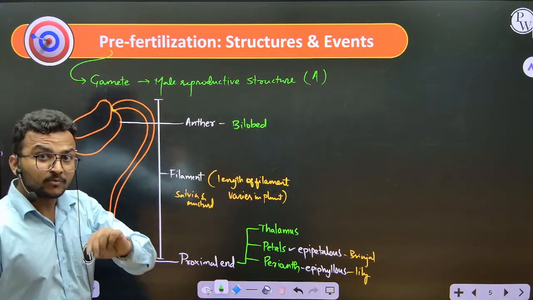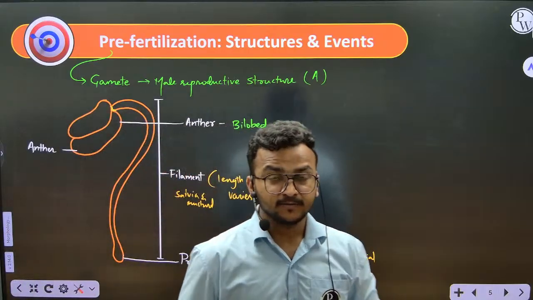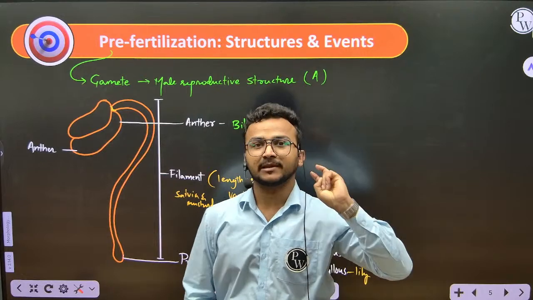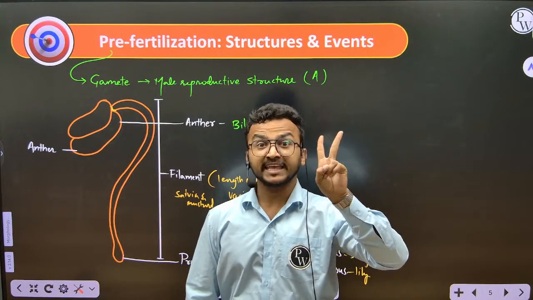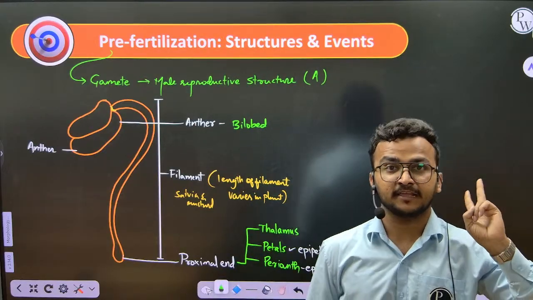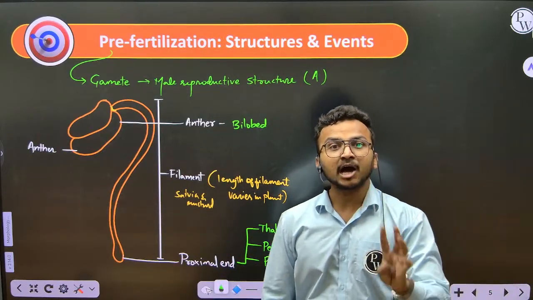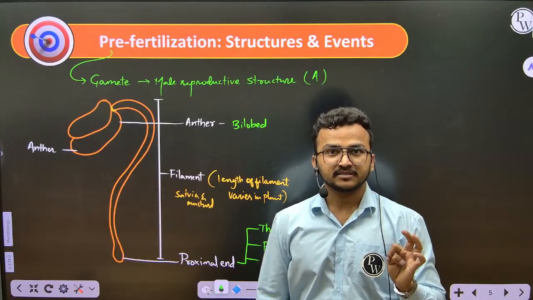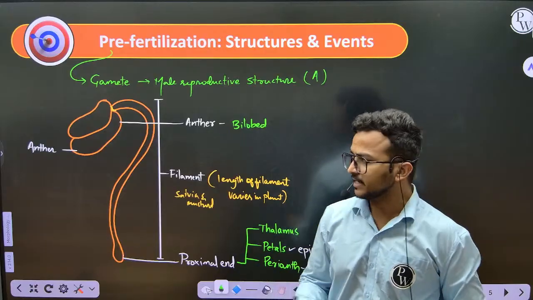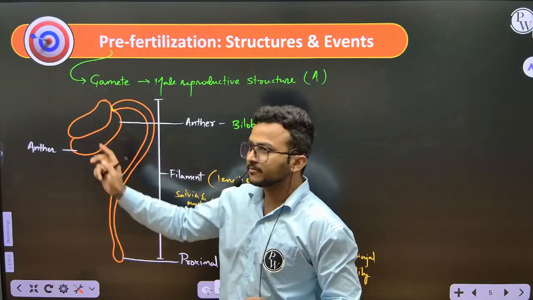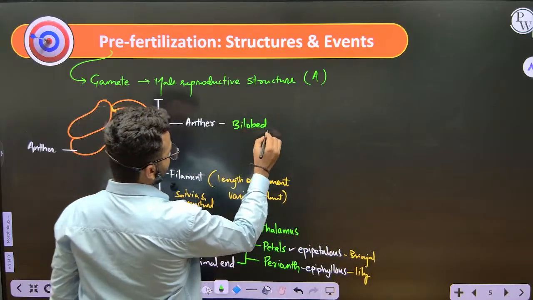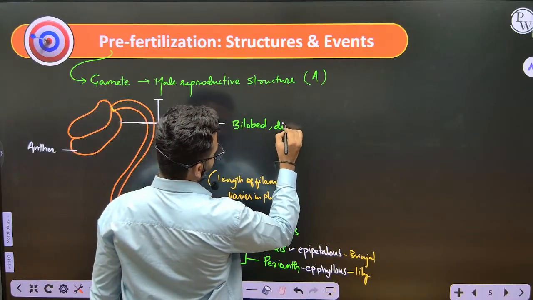One more thing you need to note here is that in each lobe there will be two theca. Theca means nothing but a bag or sac, which contains the pollen grains within it. So some bags will be there which enclose the pollen grains.